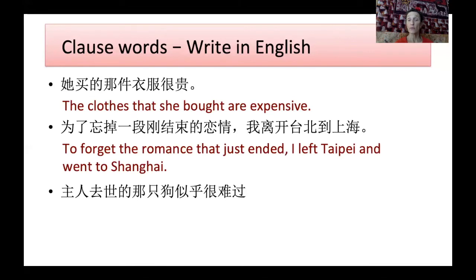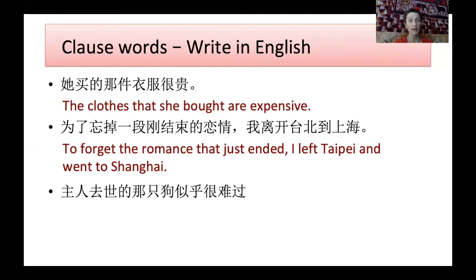To forget the romance. So in order to, 为了, in order to forget the romance that just ended. So I guess though that's the first part of the thing has the two ideas. To forget the romance that just ended. I left Taipei and went to Shanghai.